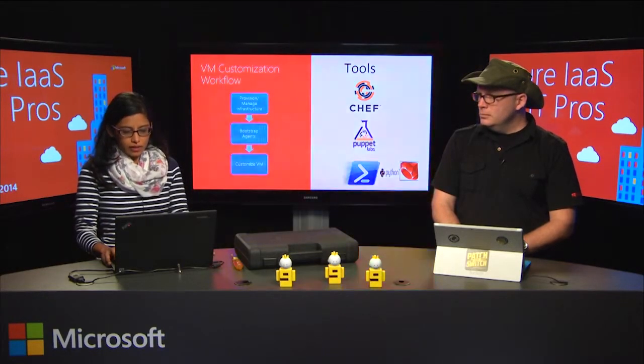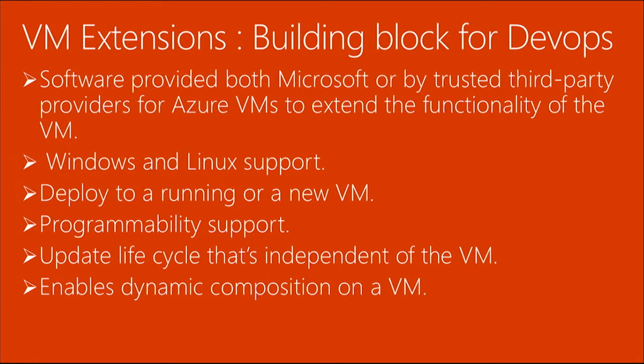Okay, so the next thing, before we actually get into the VM customization aspect, I want to talk about VM extensions. In the previous talk, Madan covered VM extensions, and the reason why we are going to talk about virtual machine extensions is that extensions are the fundamental building blocks using which we have brought this whole continuous deployment story to Azure infrastructure as a service VMs.